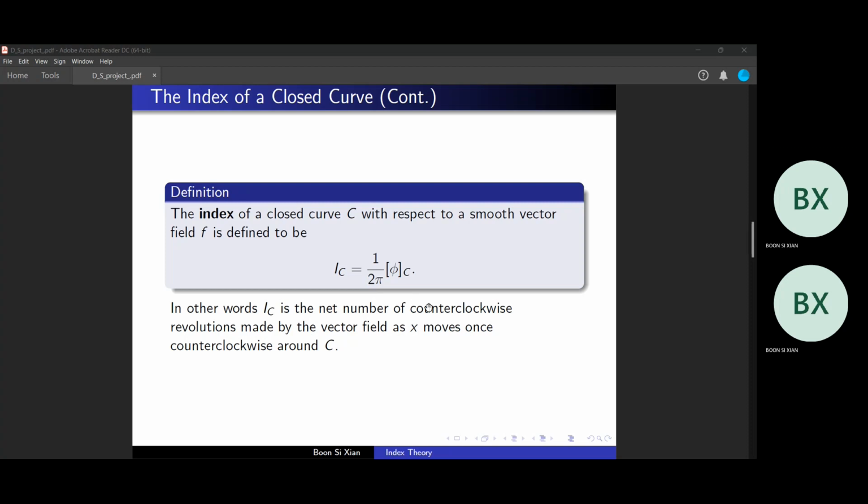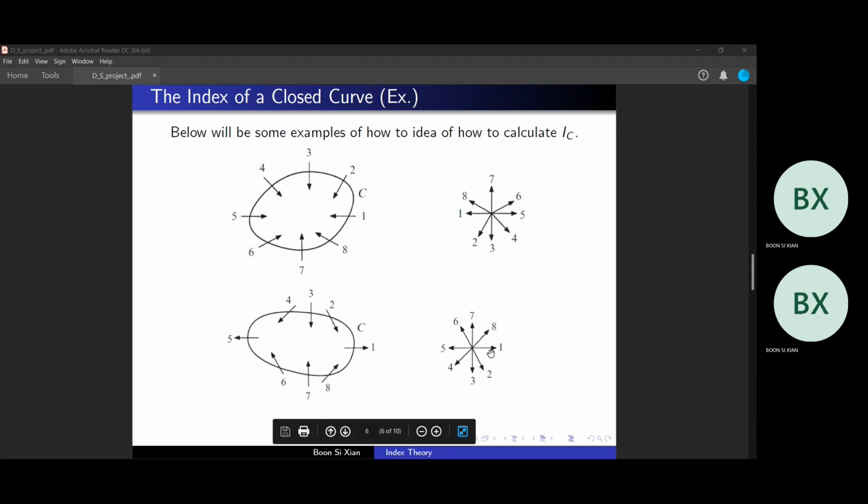So I_C is the net number of counterclockwise revolutions made by the vector field as x moves one counterclockwise lap around the closed curve. Below are some examples of how to calculate the index.